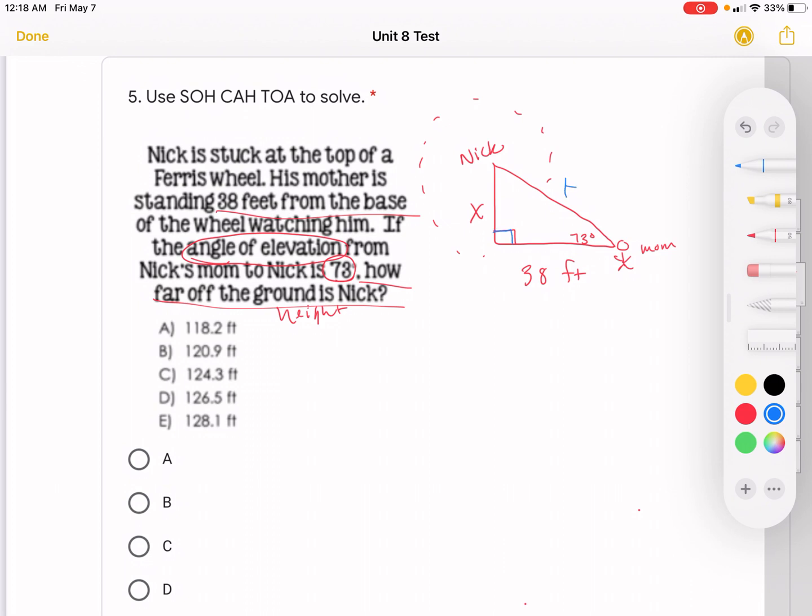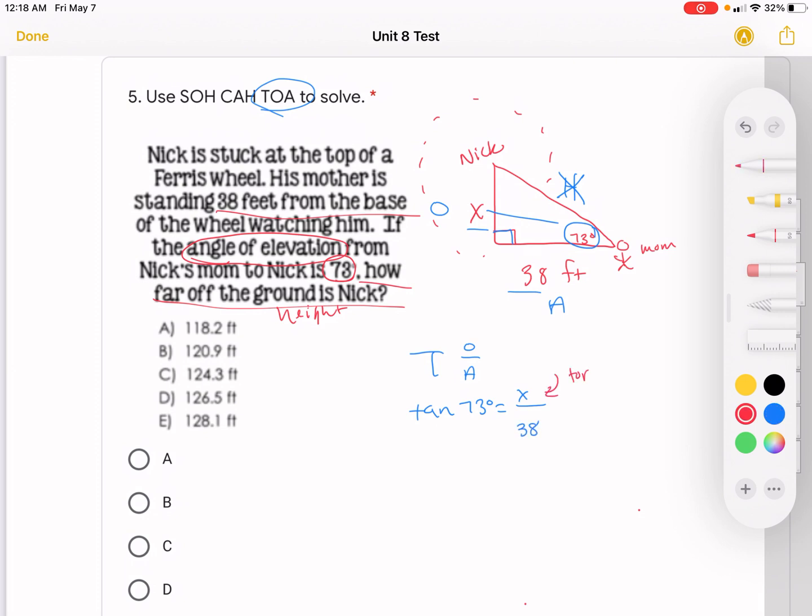Across the 90 is our H. Across 73 is our O. And our A. Here H is on the blank side, so we're not going to use it. Since we're left with O and A, we're using TOA. So tan 73 degrees equals, here O is X, A is 38.